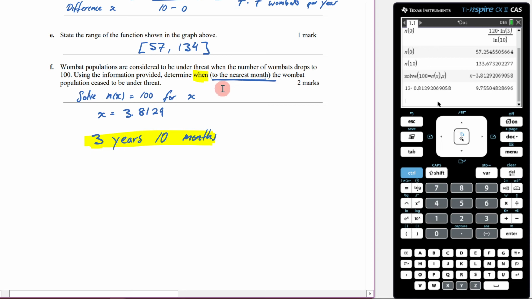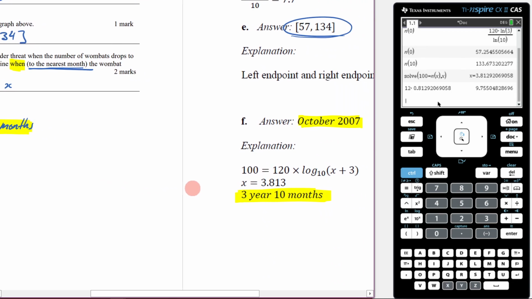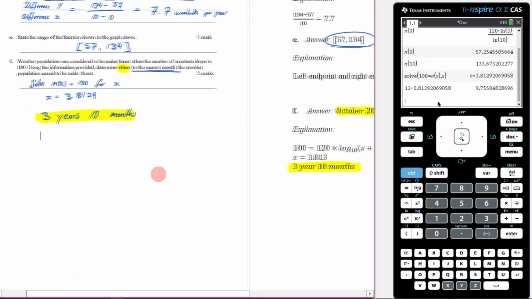There's nothing here that says give the year, does it? It doesn't say give the year. So I think that's okay. But if you really wanted to be pedantic, you could say, well, if we're starting at 2004, that means we're 2007 in, and then the 10th month is October. So October 2007 would be also another acceptable answer. But I would accept this or that. Hopefully you found this helpful.